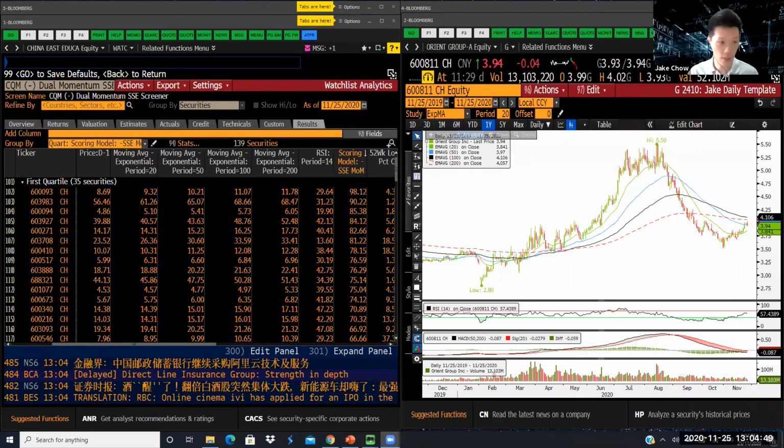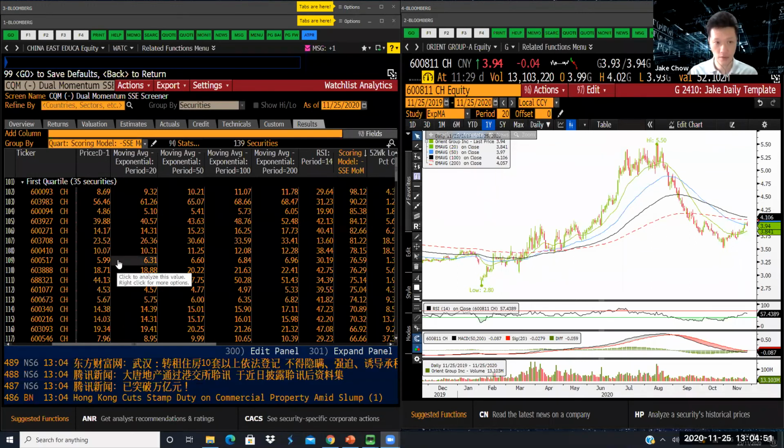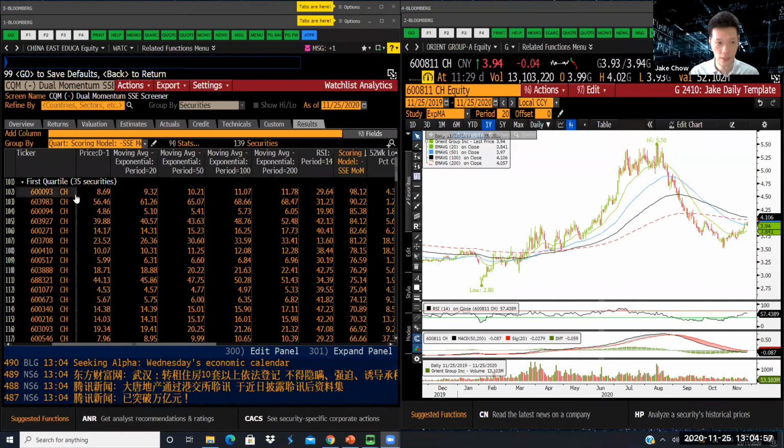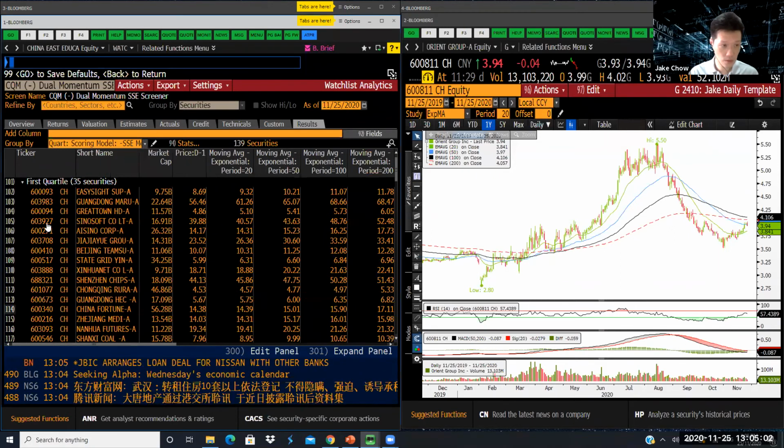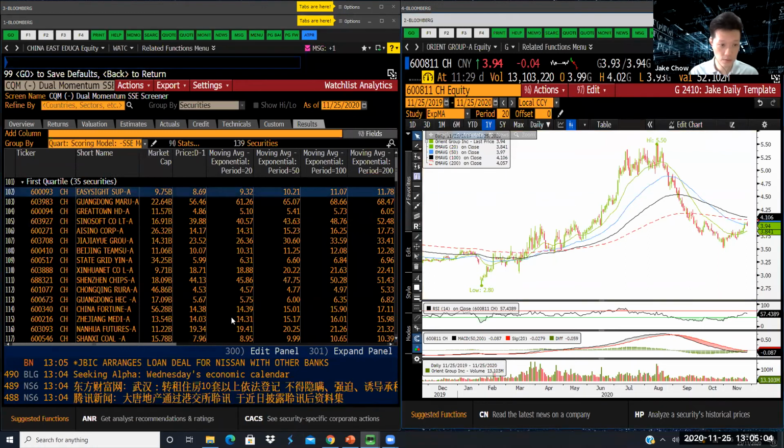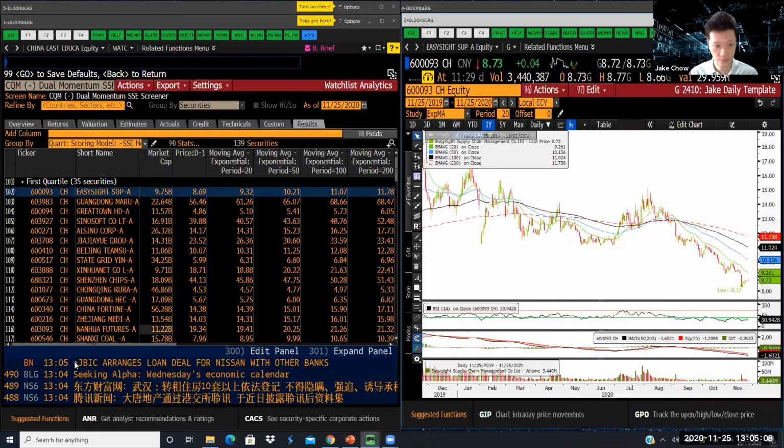Right. So, for example, I'm in the negative model, looking at the Chinese markets. In this case, the Shanghai Composite Index. So my top name is this one, trading at $8.69. So you can see that it's displaying negative momentum.